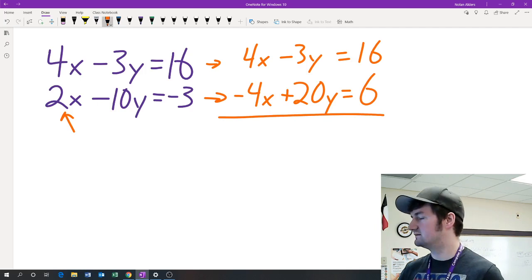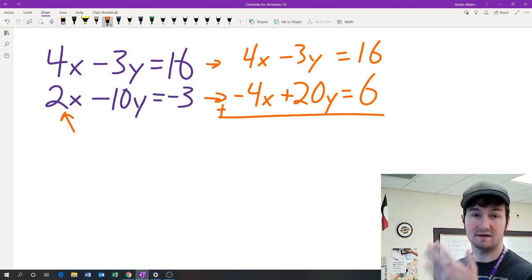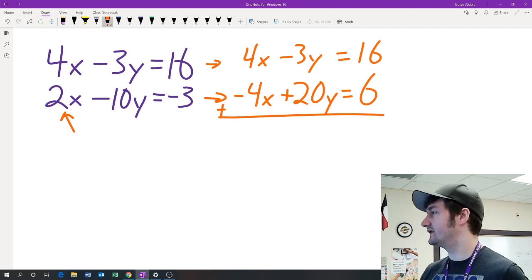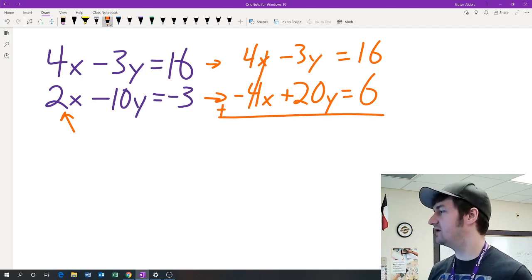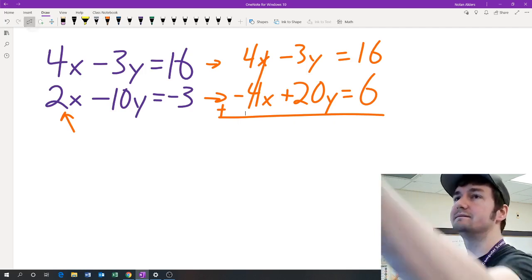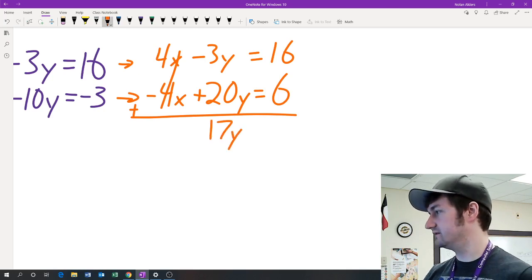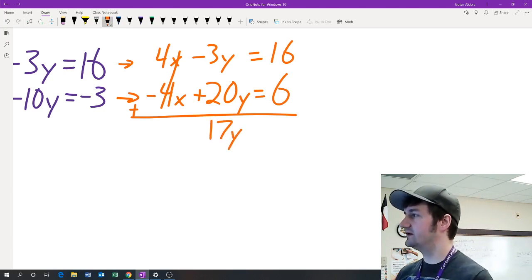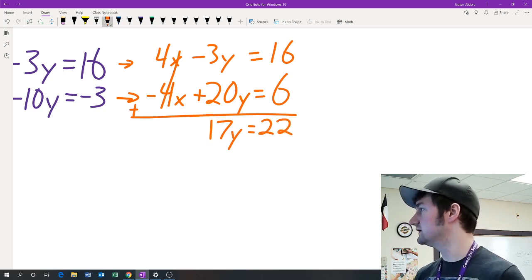Now we can add the two equations together and notice that our 4x's cancel, so they are eliminated. Our -3y plus our 20y will come out to be 17y. And 16 plus 6 will equal 22.